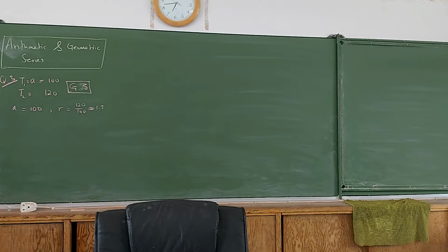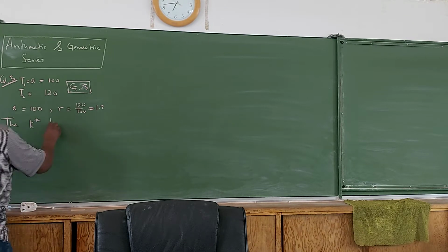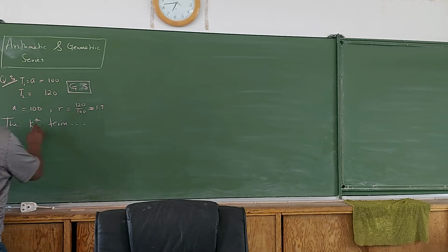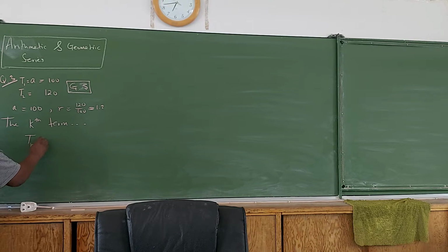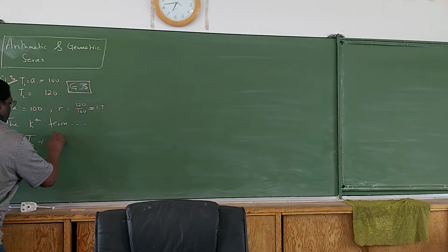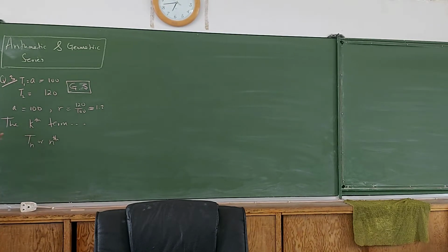Fine. Then they are saying the kth term. If we did not use k, we would have said the nth term, so we are supposed to use the T sub n formula.